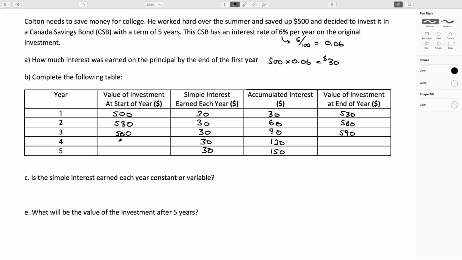That becomes the start of year 4. Add $30 more, you're now up to $620. That's the start of year 5. Then add $30 more, and you are up to $650 total. $650 is the value that you have at the end of your 5-year term. So you've earned $150 in interest.